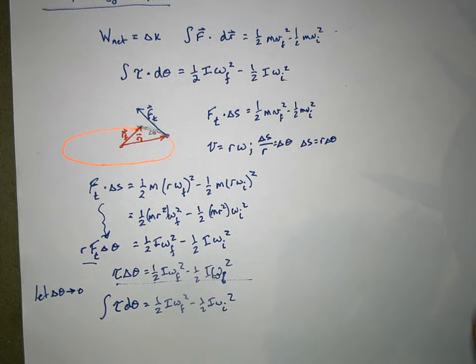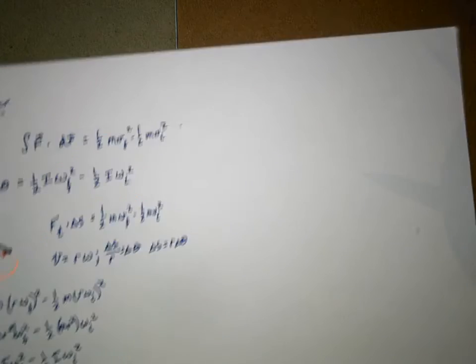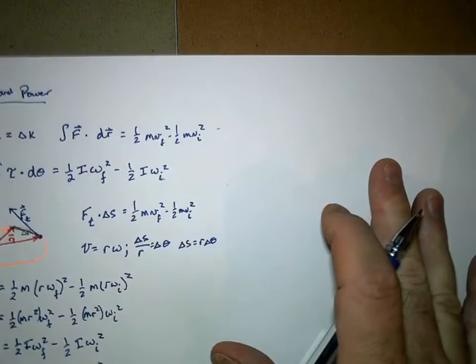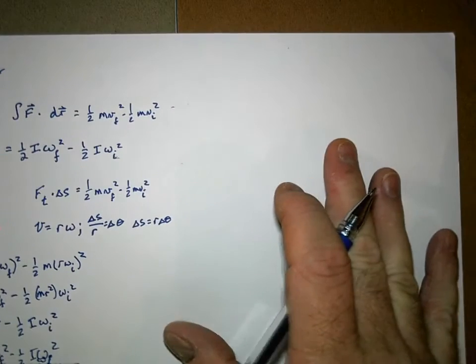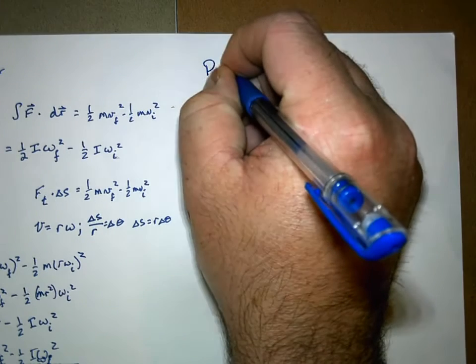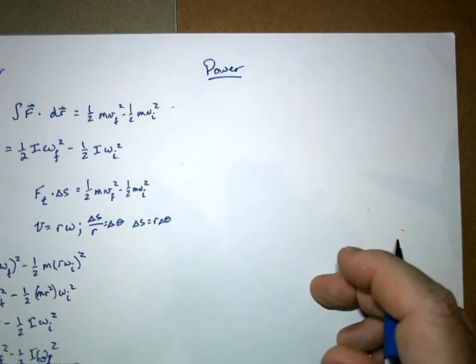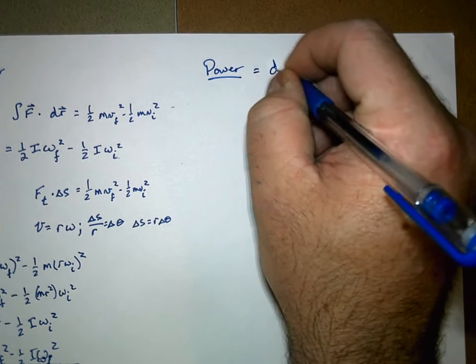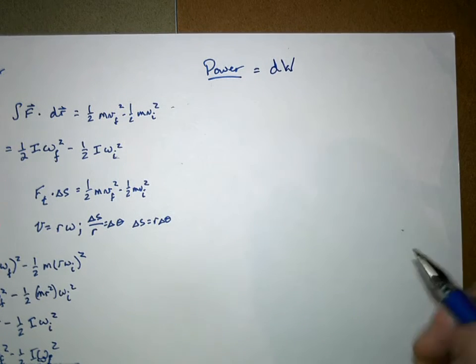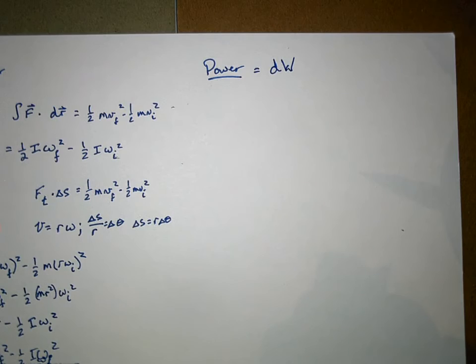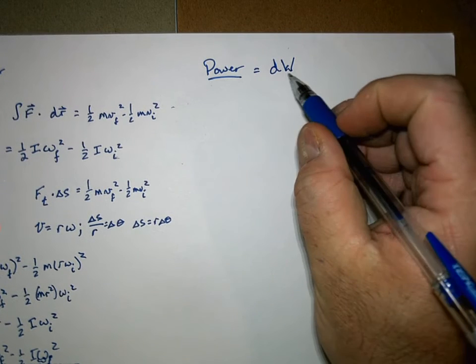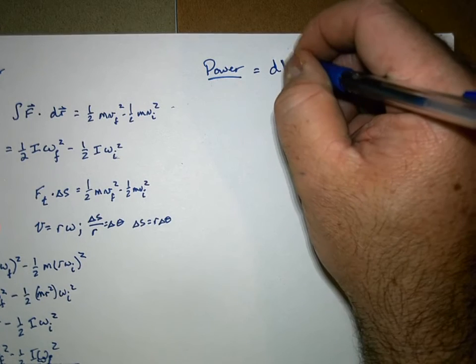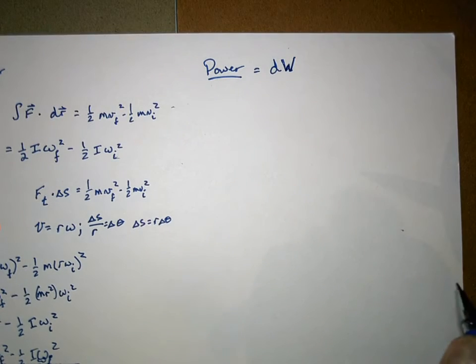Okay, now we can extend this into power. So we're going to move over here a little bit. And power is going to equal dW. Now, to be sure that this is not omega, and I will tend to write work, I sometimes write work with a rounded point down here, so I'll try to make sure that I'm not doing that when I'm dealing with power.